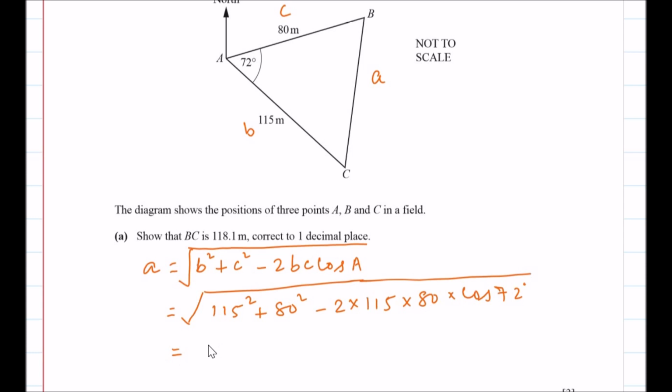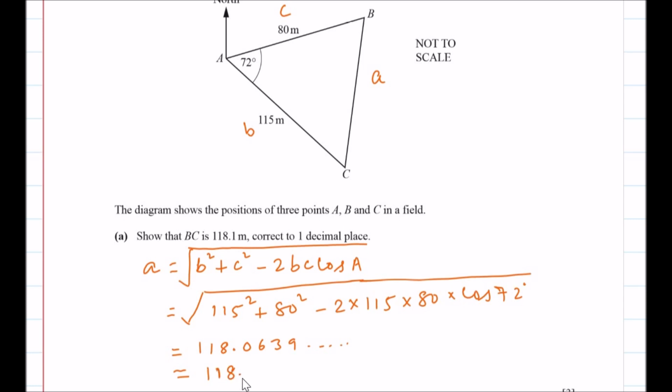Okay. Now, if you put it in the calculator, the calculator gives the answer 118.0639 and so on, and this will be rounded to 1 dp as 118.1.